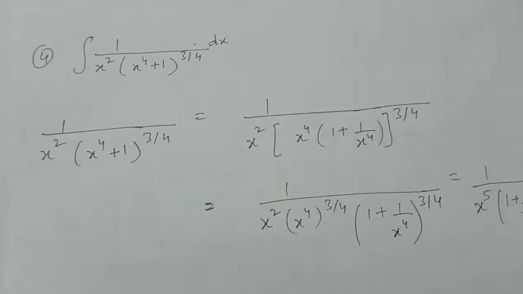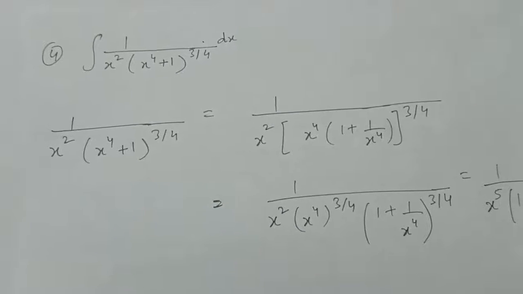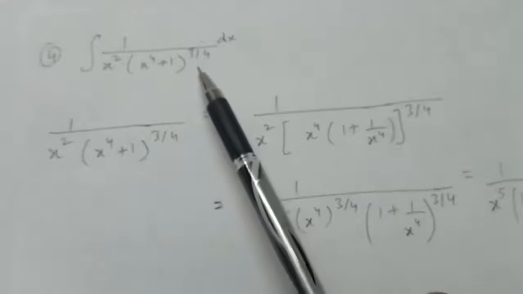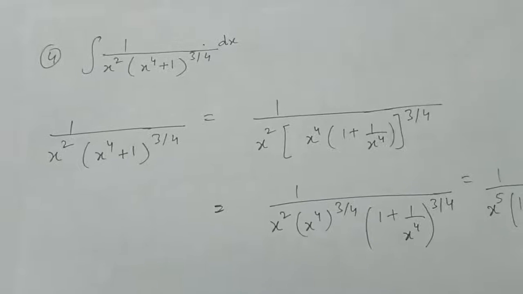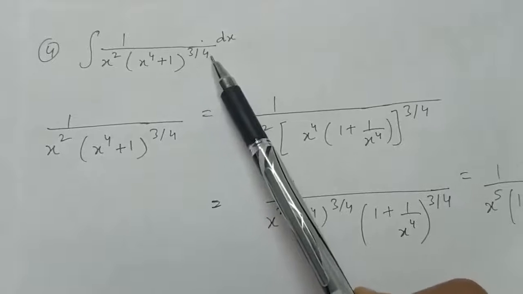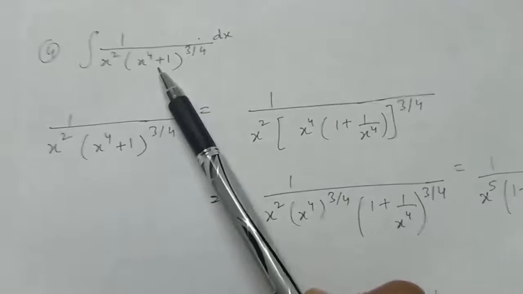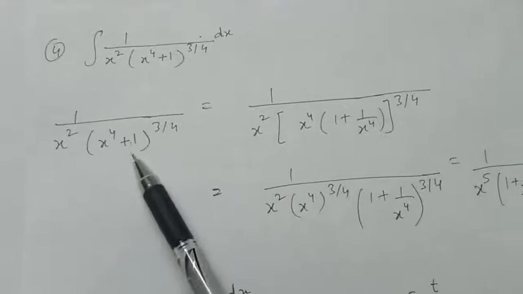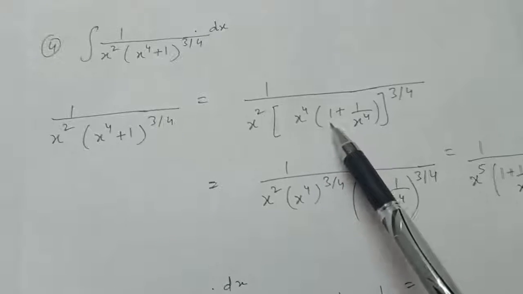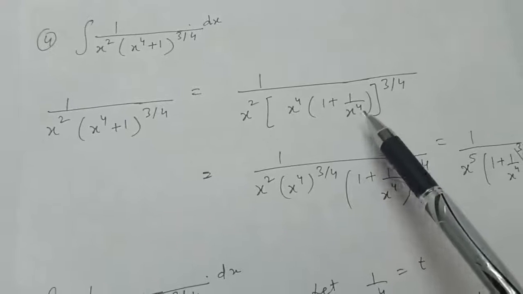Yes, now see question number 4. This is an important question. It is integral of 1 upon x square into x raised to the power 4 plus 1 raised to the power 3 by 4. Now see, in these type of questions you can see the power is 3 by 4. So take out x raised to the power 4 common from both of these terms. When you take x raised to the power 4 common, you will get x raised to the power 4 into, this will become 1 and this will become 1 upon x raised to the power 4, right?